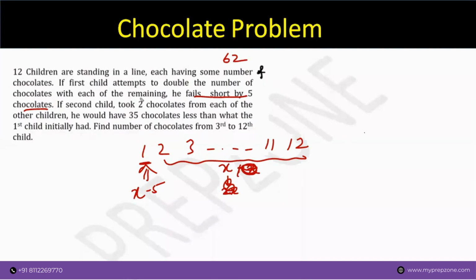Okay, say we have 2 persons, Nandini and Samriti. Nandini has 10 chocolates, and Samriti has 5 chocolates.